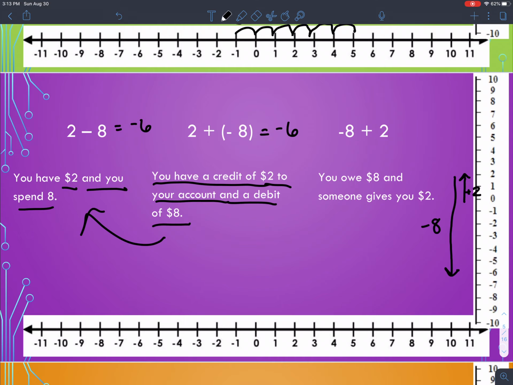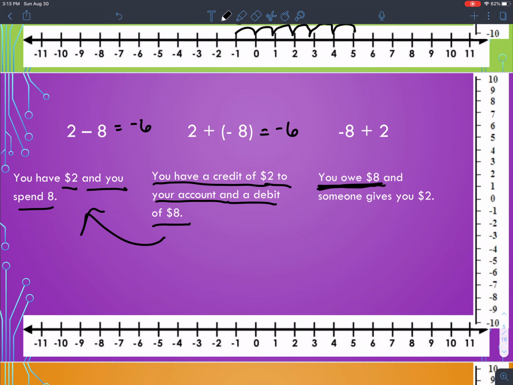And our last example is negative 8 plus 2. And that does give us a little bit of a different scenario, but it's basically reordering what we have. We're reordering what our debit and credit is. So this time our debit, or the money we owe, comes first.